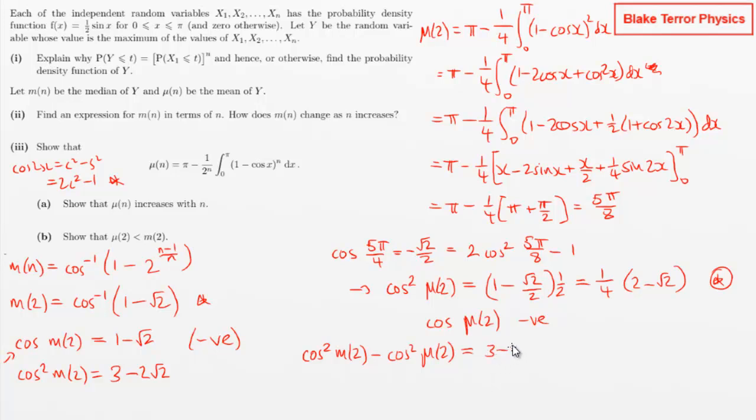That is 3 minus 2 root 2, and then I need to take off a half, and then take off root 2 over 4. So that's giving me 2.5, and then 1 3/4 lots of root 2.